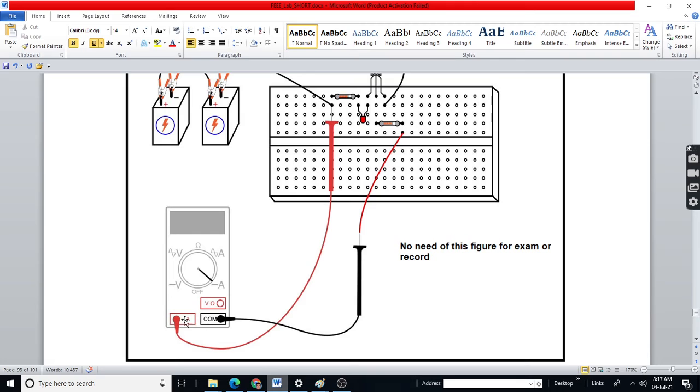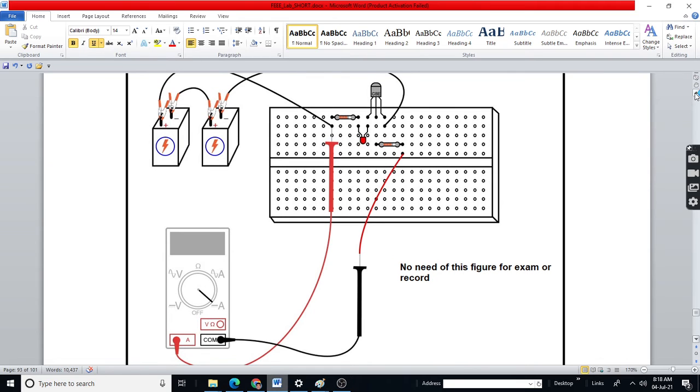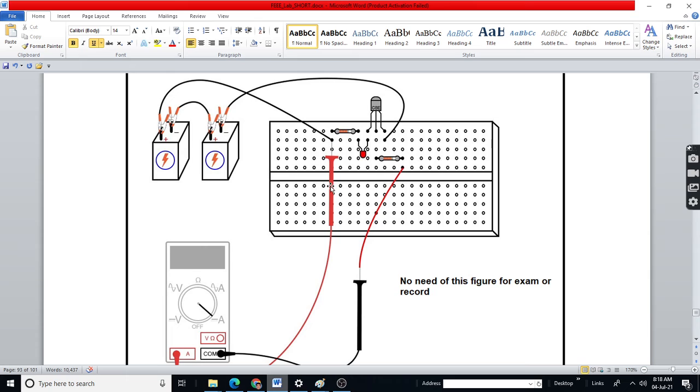If you want to know the reading, you can give it to the multimeter, and from the multimeter you give it to the 100 kilo ohms. This is 560 ohms. This is 100 kilo ohms. Then it goes to the base. So when you hold the red lead or probe to the positive terminal, base current will flow, collector current also will flow.